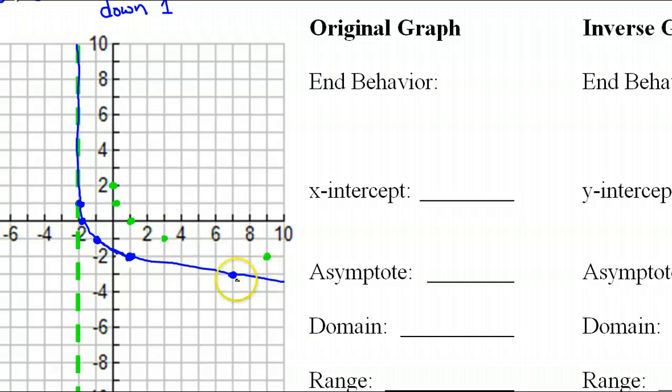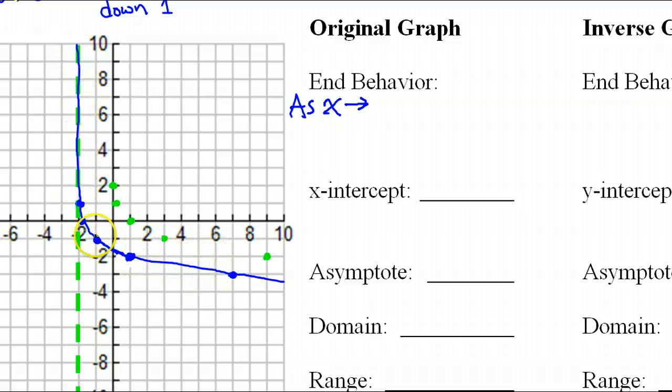First, the end behavior. End behavior talks about what happens on the left and what happens on the right. So first, the left. Okay, as x approaches, alright? That means as we go to the left. By the way, x is approaching not negative infinity. We've got an asymptote here.